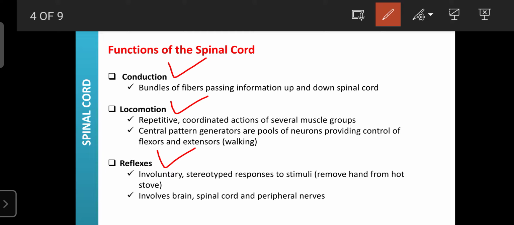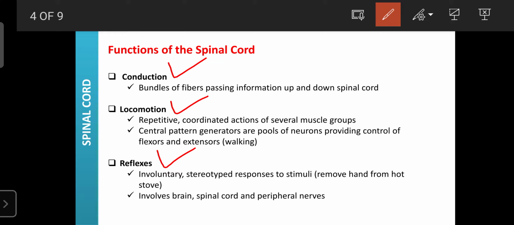Many actions are like this. Automatically we can hit a friend; if someone pinches our hand, we automatically hit that person, which is also one type of reflex. Automatically we can bend our leg, without knowledge or consciousness of the brain. These are all reflexes.